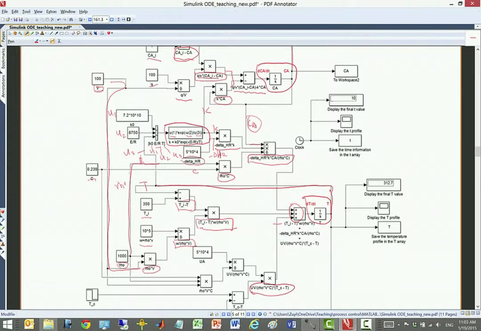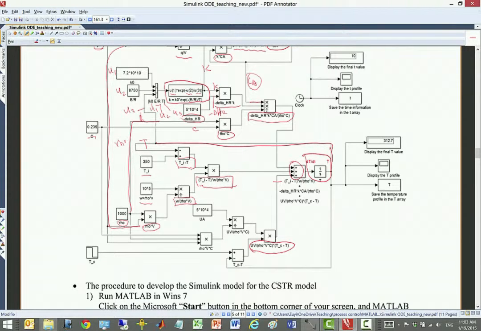So you could see we can decompose the equation into several terms, and then further decompose each term into individual modules. Similarly, we could decompose the last term here. This term equals UV over rho times V times C times TC minus T. This term is UV, and here is constant.